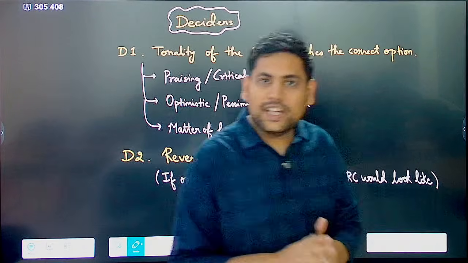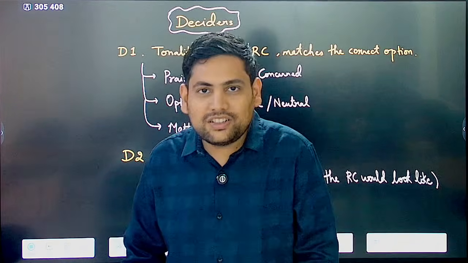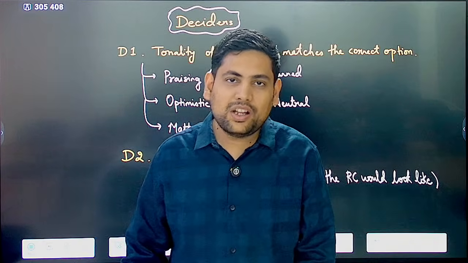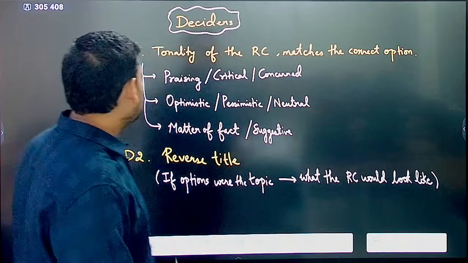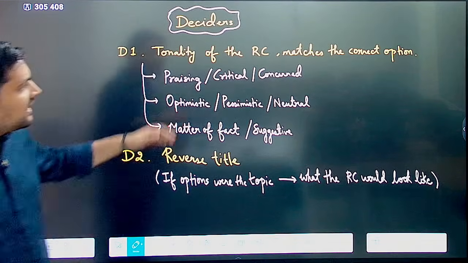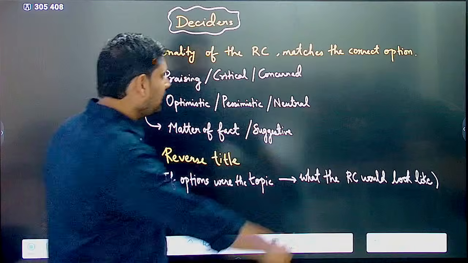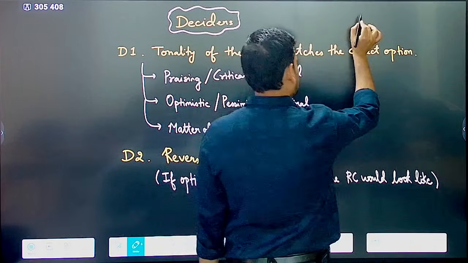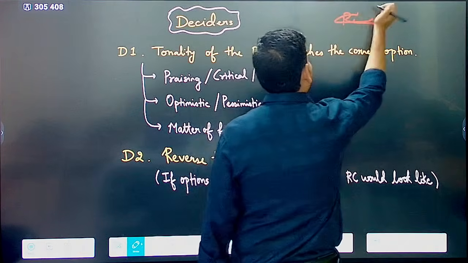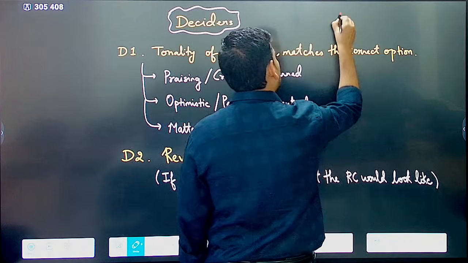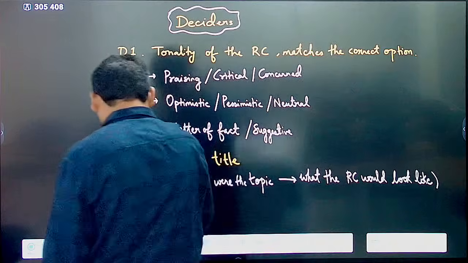Now, if everything that you have learned till now still does not get you to the final option, now what you do, learn that. Now see, these I am calling deciders. So there are 3 categories that I have done. First is the rules.